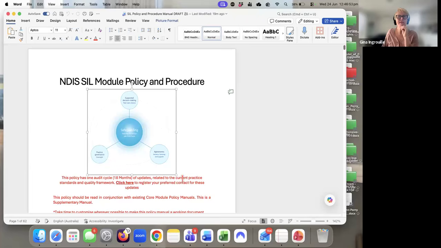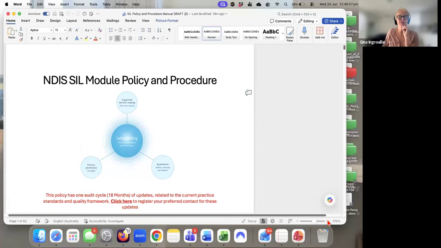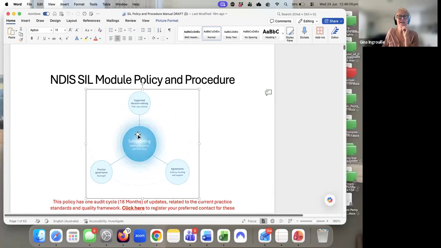Okay. Right. So this is how I want you to envision the new practice standards. Safeguarding is at the centre. We've got supported decision making, we've got practice governance, and we've got agreements. So it's strengthening of agreements, the housing and the support.